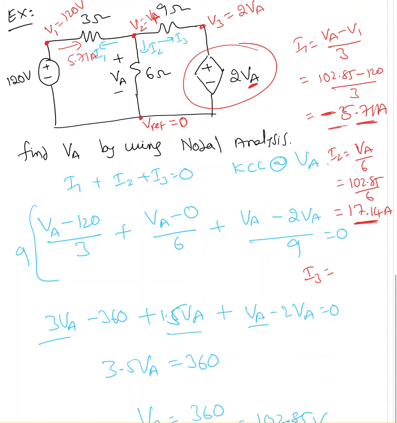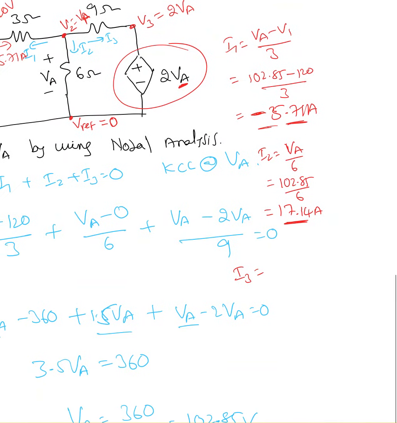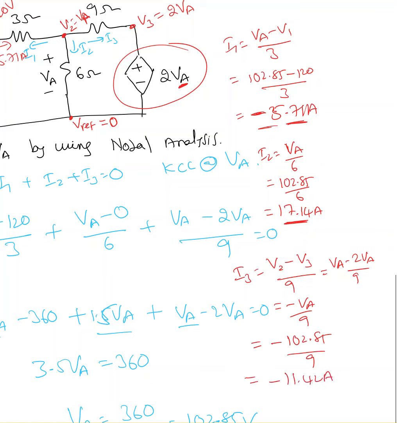Can I say I3 is nothing but V2 minus V3 over 9, or I can say VA minus 2 VA over 9. So basically it is minus VA over 9. What is VA? Minus 102.85 over 9. That value is negative 11.42 ampere.